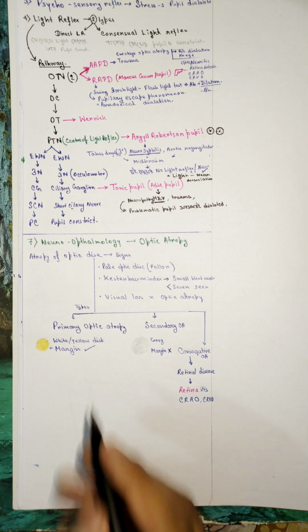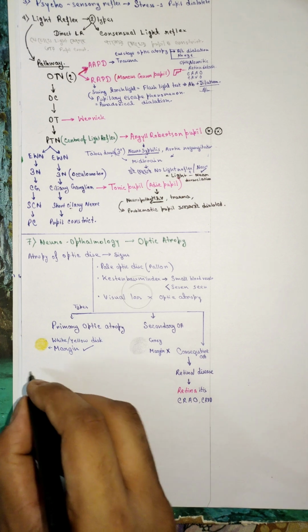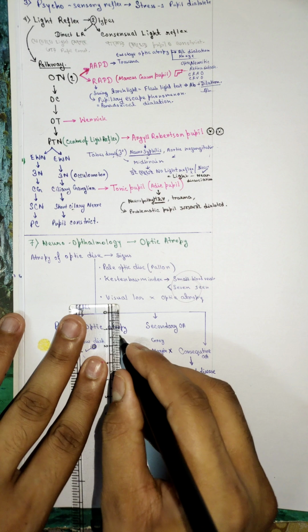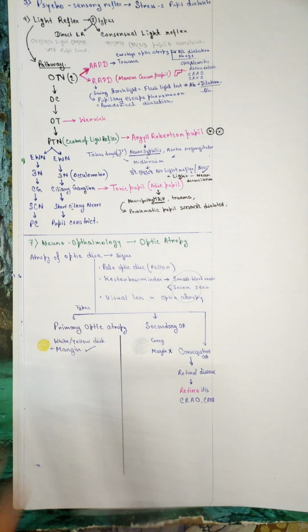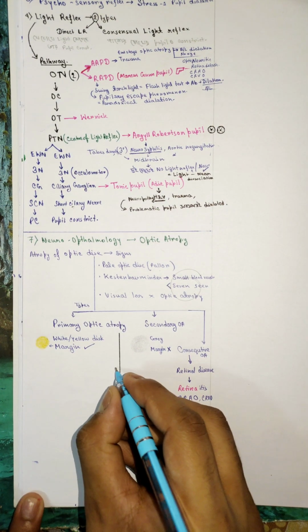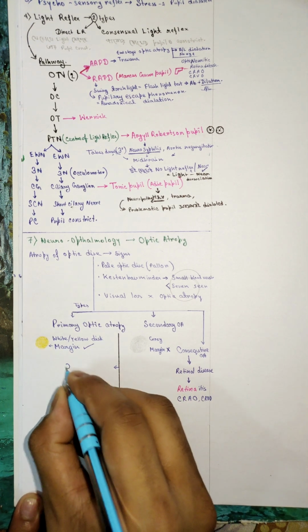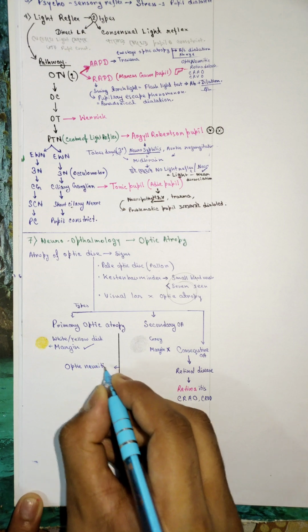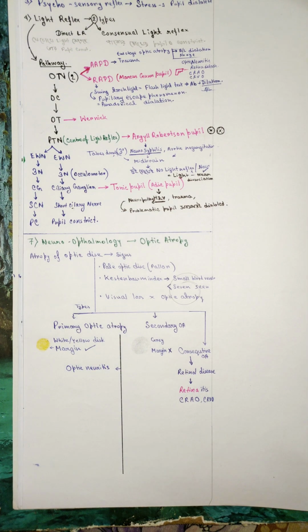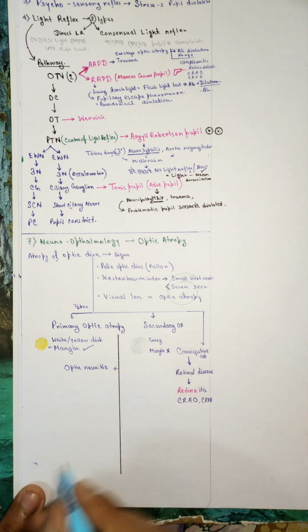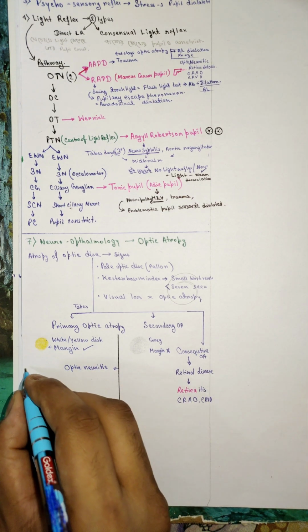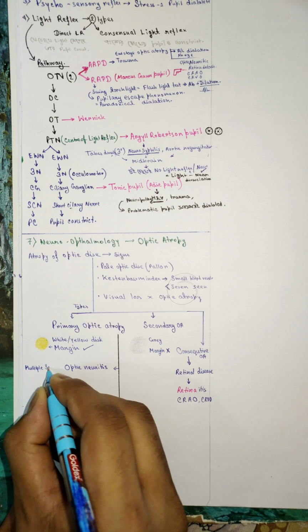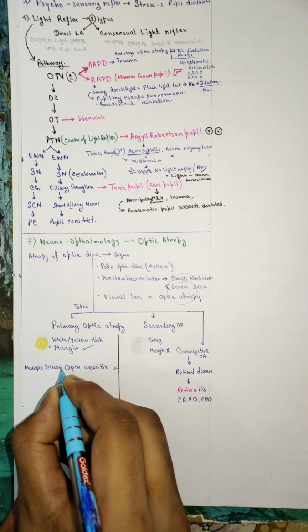Now comes causes. Primary has many causes, like optic neuritis. What is optic neuritis? The most common cause is multiple sclerosis. Okay.